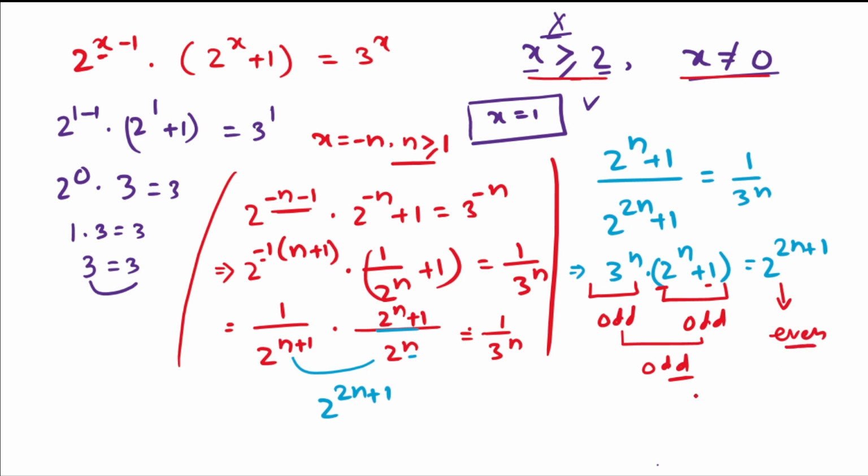So on the right hand side we have an even number, and on the left hand side an odd number. So odd and even does not satisfy. So the negative value x equal to negative n does not satisfy this expression. So we have only one solution, x is equal to 1. That's our answer to this problem.